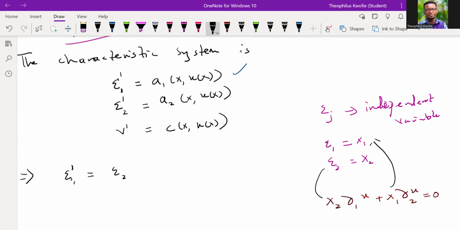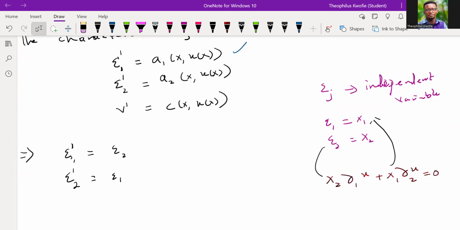And then my derivative of Xi with respect to X2 will be Xi1. Good. So let's take note of that. What about my V? When we look at the C in the given PDE, it is 0. Very good.